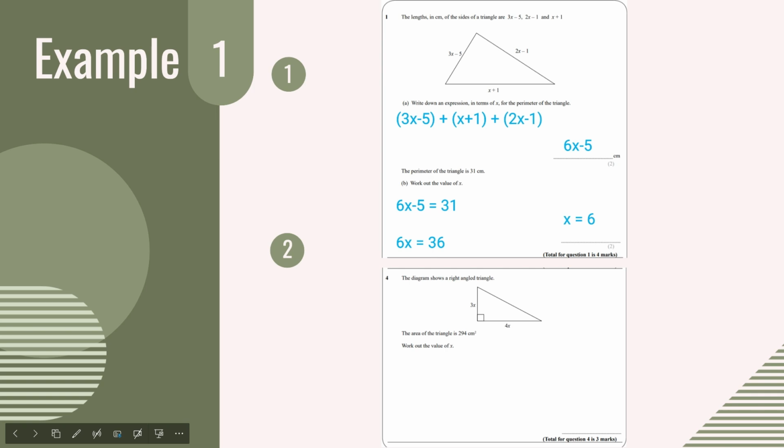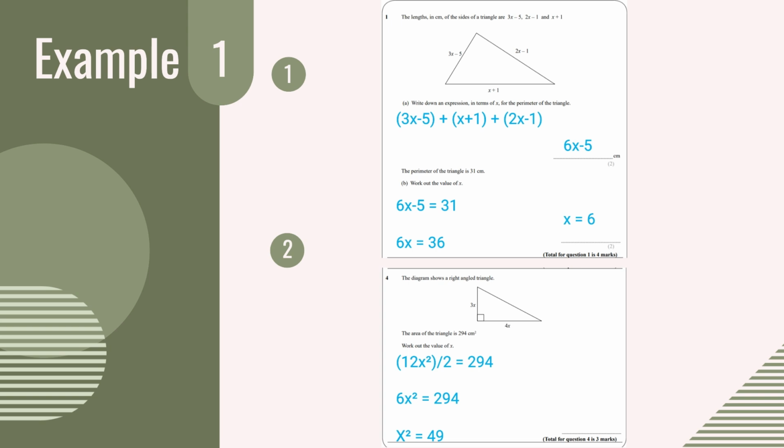Our second example says, the diagram shows a right angled triangle. The area of the triangle is 294 centimeters squared. Write out the value of x. As we know, the area of the triangle is base times height divided by 2 equals your total area. So first, we would just write 3x times 4x, which is 12x squared, divided by 2 equals 294.